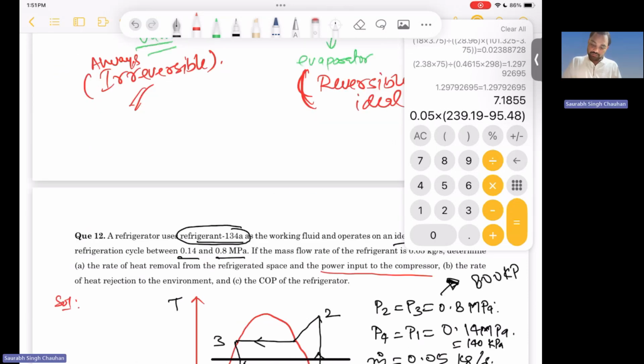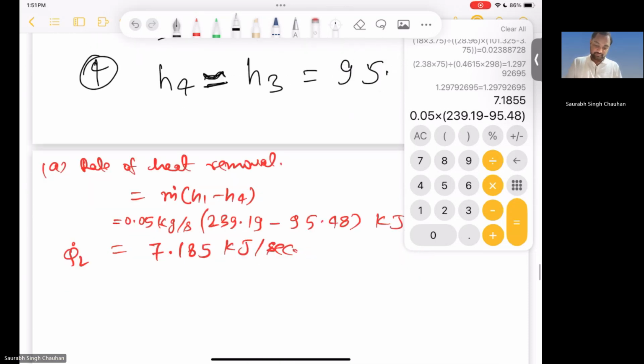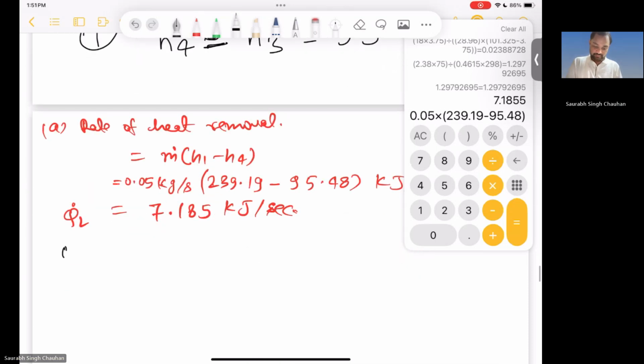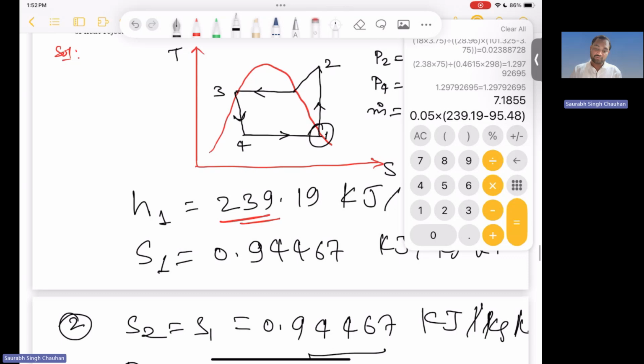And the power input to the compressor. What will be the power input? Power input, where are you providing the power? In the compressor. And in the compressor, the compression process is from 1 to 2.